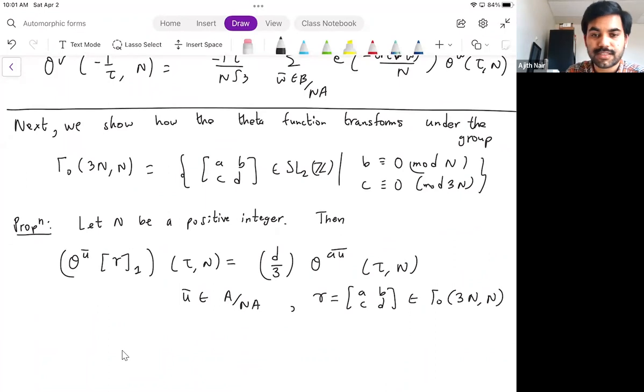This action is the standard weight k operator in SL2Z.